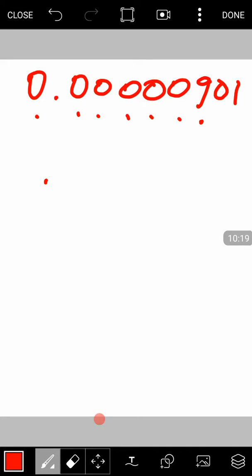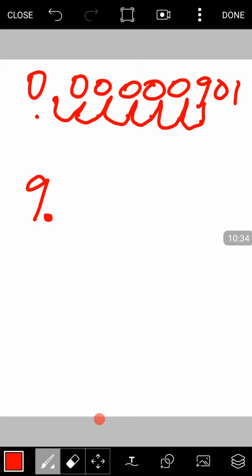So that's the only number I want in front of the decimal. So to get that decimal right behind that 9, let's move it 1, 2, 3, 4, 5, 6 times. So that decimal is right behind the 9. We're going to put the important stuff behind it, 0 and 1.